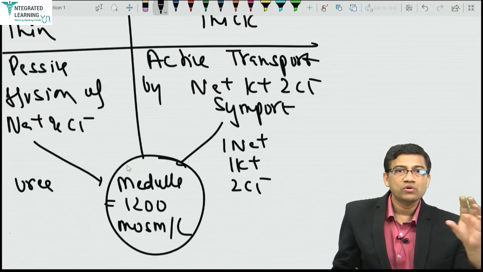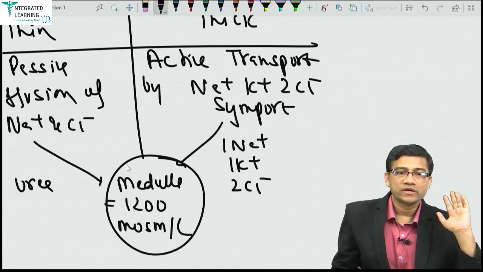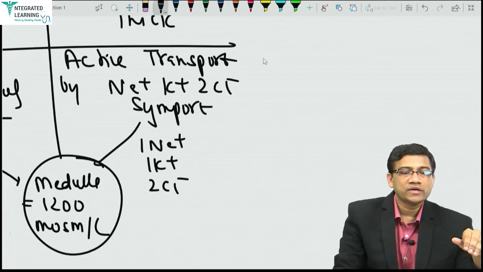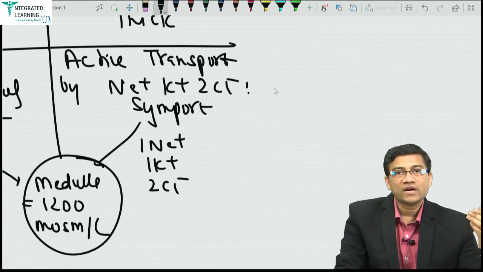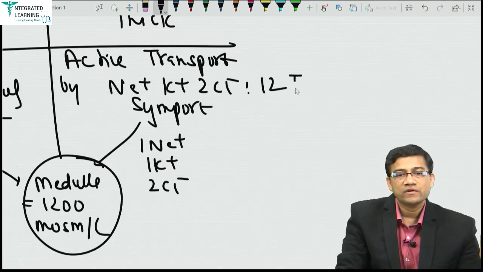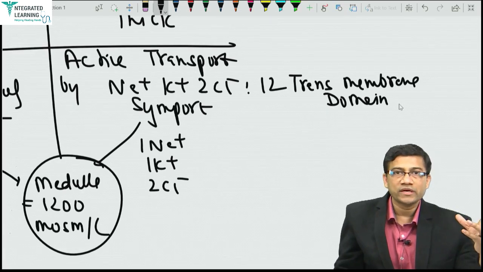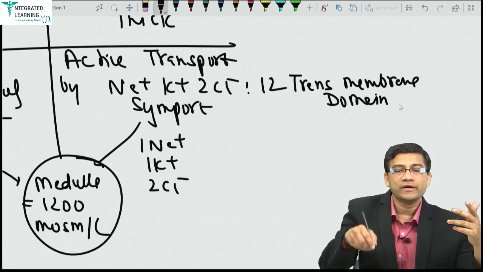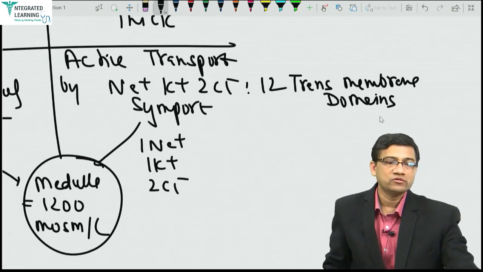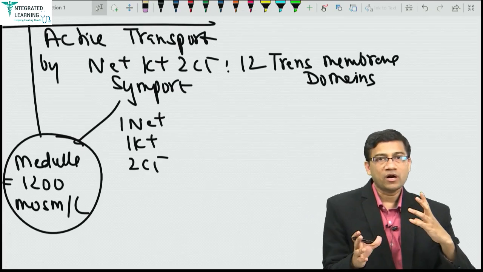Hypertonic. And such a big transporter has almost 12 transmembrane domains to transport the 4 ions. So again, all transporters are proteins. It's a protein with 12 transmembrane domains to transport the ions. Okay. So this is the main countercurrent multiplier.